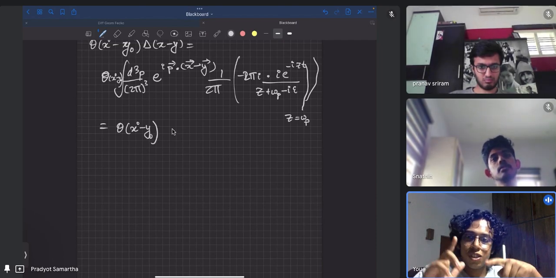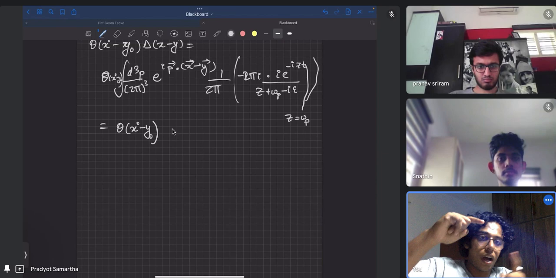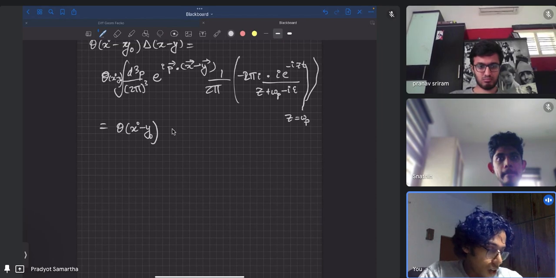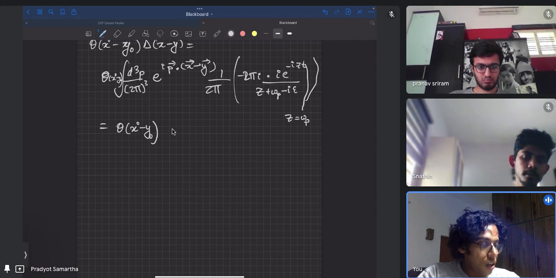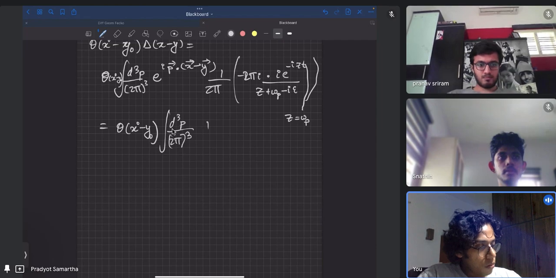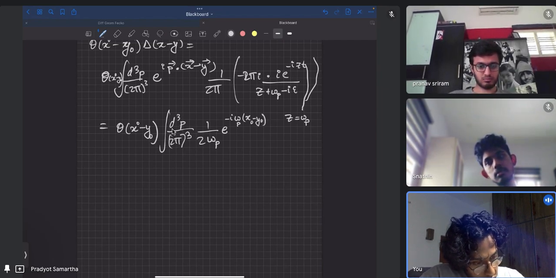So that is nothing but theta of x naught minus y naught. You're just keeping x naught greater than y naught, just to indicate that x naught is greater than y naught, and then you have the Heaviside step function there. You're just selecting the x naught minus y naught contour, as we will see. So this is nothing but the integral of d3p by 2 pi whole cube, 1 by 2 omega p, e to the power of minus i omega p (x naught minus y naught).